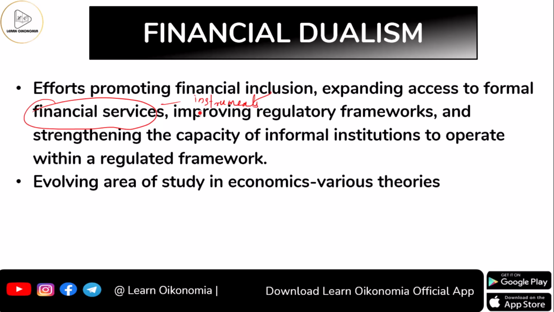We need to ensure that if an informal institution is functioning in the economy, it is functioning in a free and fair manner with some regulations. It's not like the strict regulations we could have in the formal setup, but at least some light regulations should be there for informal institutions so as to ensure that these institutions are operating without exploitation.